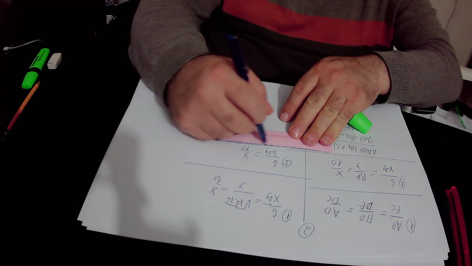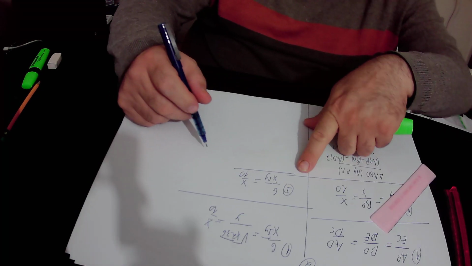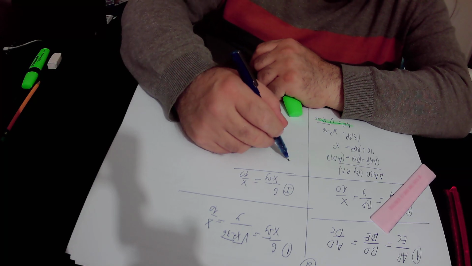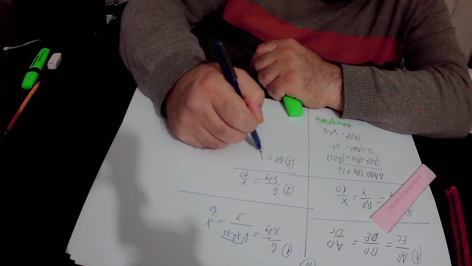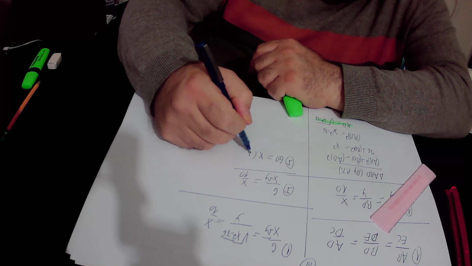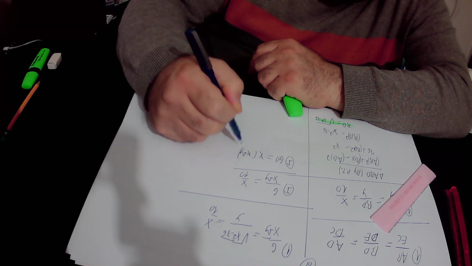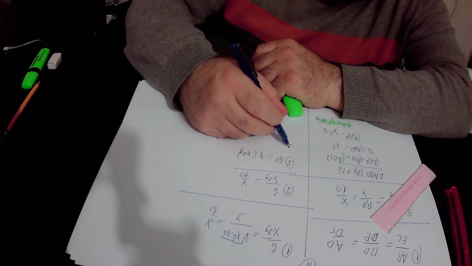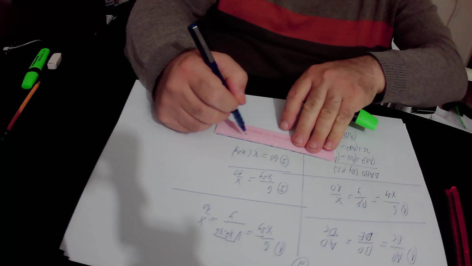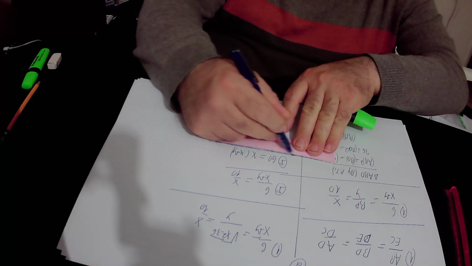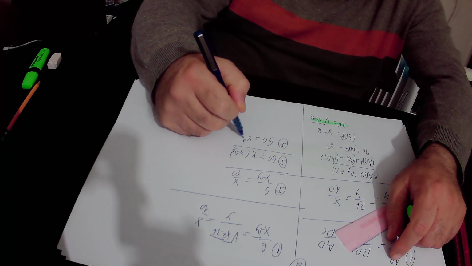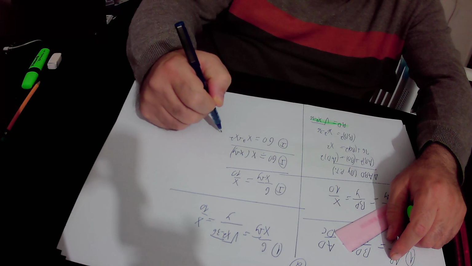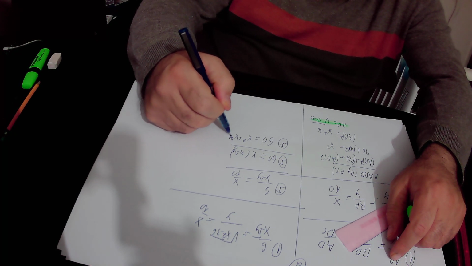Here we cross multiply this equation, equation number 1, and we get that 6 times 10 is 60, and it is equal to x times x plus y. We will open the brackets here and we will get that 60 equals x squared plus xy.